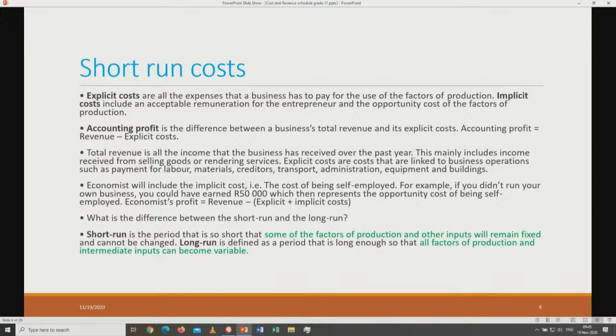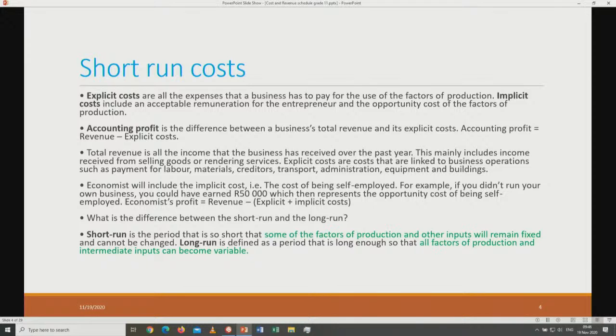Firstly, when we talk about the short run, sometimes we use another term, short term. So short run is the same as the short term. This is a period that is so short, I think it's a period that lasts for something like 2 to 3 years. That period is so short that some of the factors of production that are used in the business, or other inputs, will remain fixed in the short term.